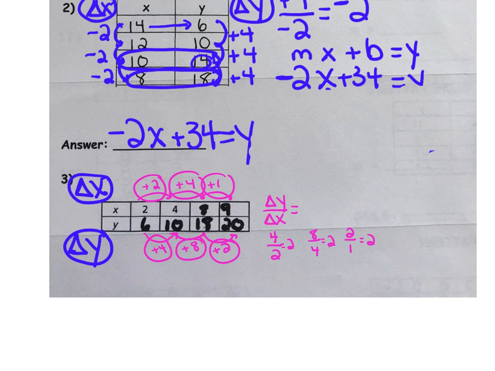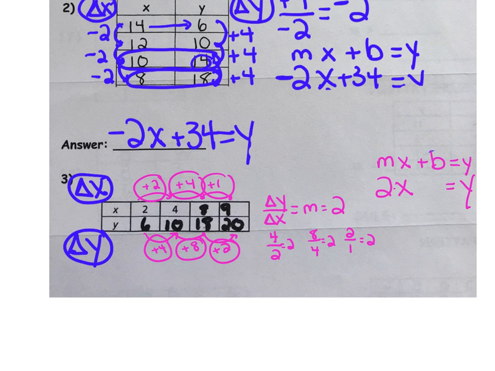So our slope, our m value, is 2. So as we write our equation, mx plus b equals y, we know the slope is 2. 2 times every x plus blank equals y.